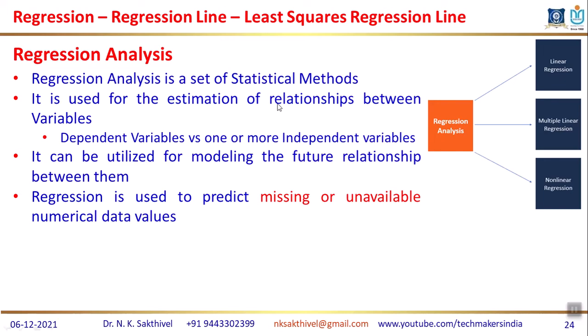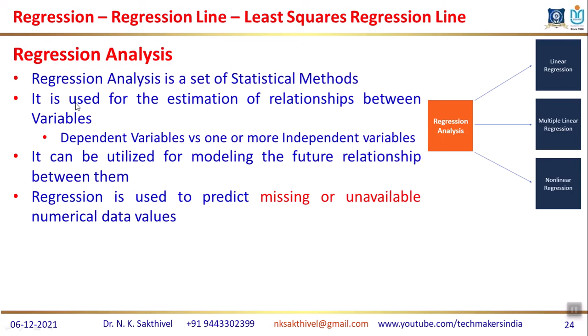For example, consider we have an x variable, and with respect to the x variable, what is the association with y? For example, if the x value is increasing, what will happen to y? Like this, we can correlate one or more variables. That is very, very important.